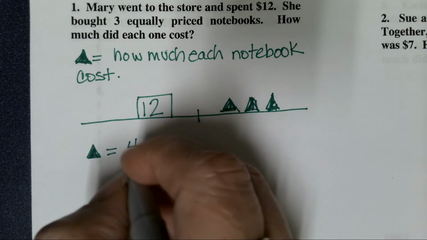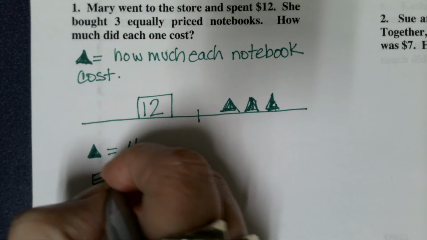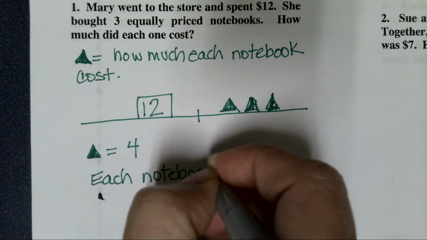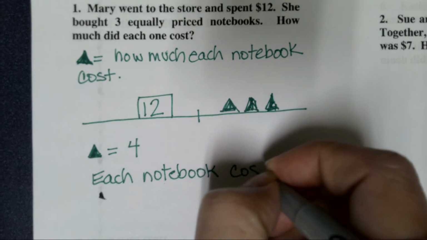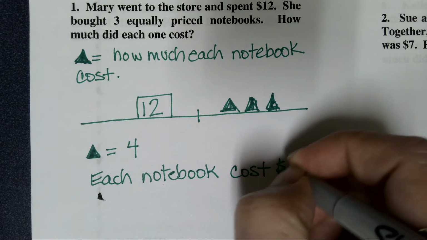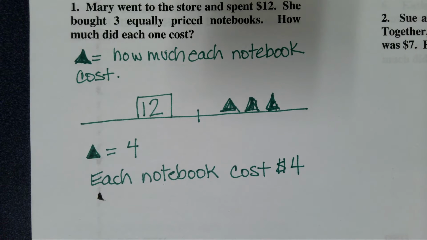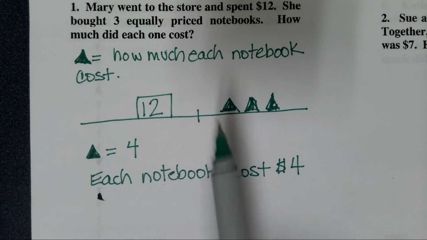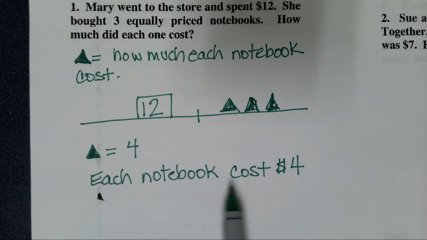So I'm going to write each notebook cost $4. We knew that sentence was going to be what we had to write because our pawn was equal to how much each notebook cost. So we knew that each notebook cost $4.